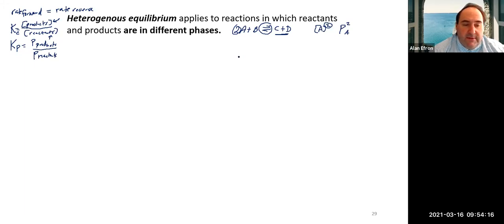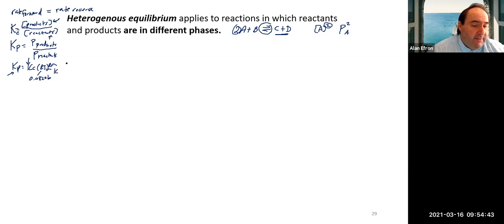To tie those two together, we saw a relationship between them: Kp is equal to Kc (RT)^Δn. Kp is our equilibrium constant for pressure, Kc is our equilibrium constant for concentration, R is our gas constant, just like in the ideal gas law, 0.08206, and T is temperature in Kelvin.